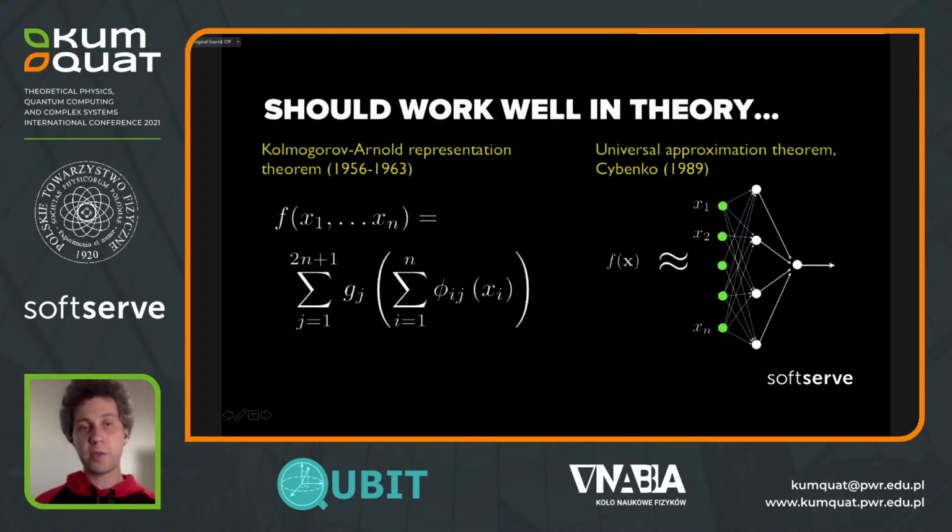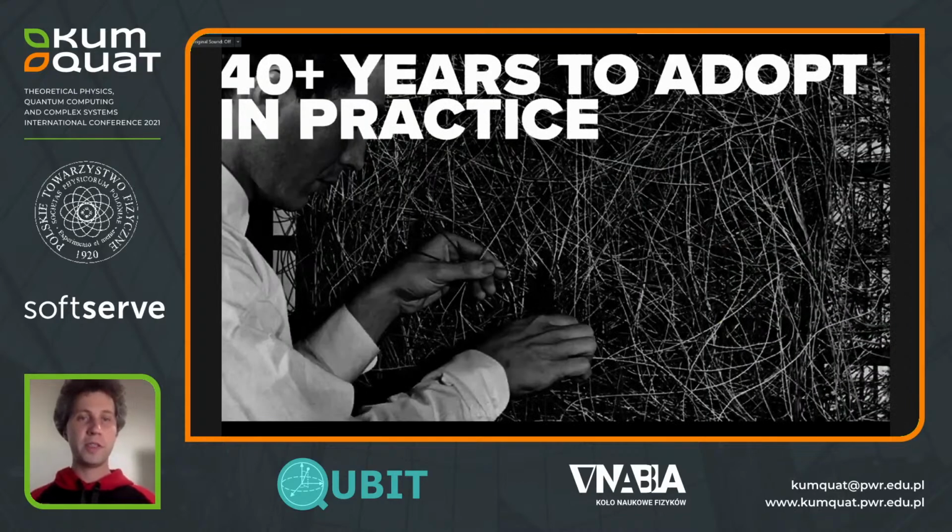And the second theorem, which also provided us hope, is the universal approximation theorem, which states that if you have an infinitely long, even single-layer neural network, it can approximate any function. So this gave us hope, but it took almost 40 years to adopt these systems in practice.